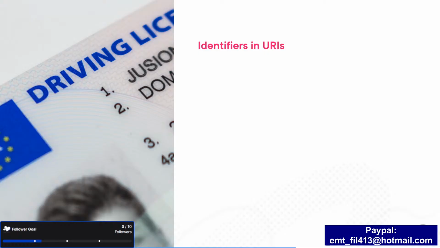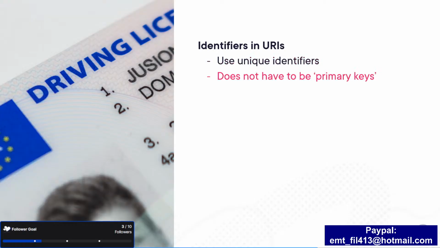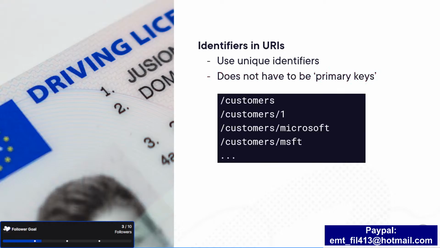So let's talk about identifiers in URIs. The idea behind identifiers is a way to locate an individual resource. This makes the URI a unique identifier. So when we think about identifiers used inside the URI of some API, these don't have to be primary keys. This can be anything that you can use to identify the resource. So we have some examples here, whereas customers in our case is going to return that collection using an ID after customer says this is the customer who has the ID of one.